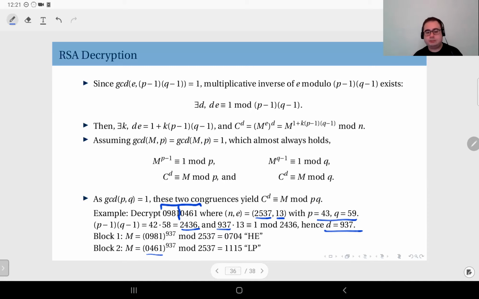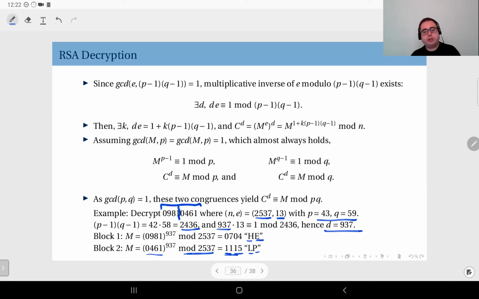This is not a different encoding, it's just a decimal number raised to power 937, and take modulo n, you get 1115. So when you decode this, 07 corresponds to H, 04 corresponds to E, because that's the fifth letter, 11 is L, and 15 is P. So the message is help.